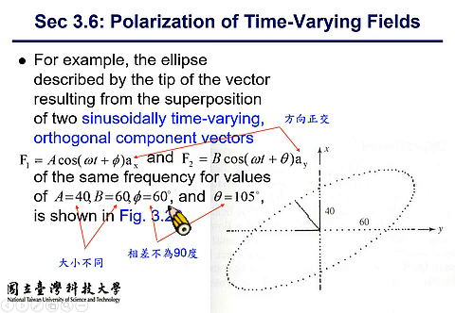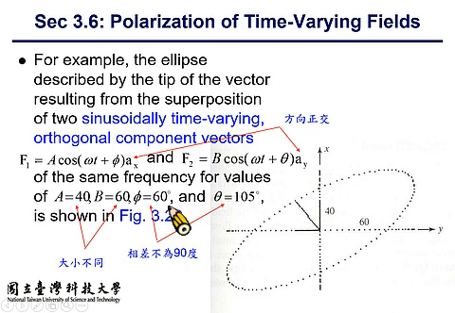So the values of phi and theta will also be an important criterion. If phi equals theta, then they are in phase, and they can form linear polarization.